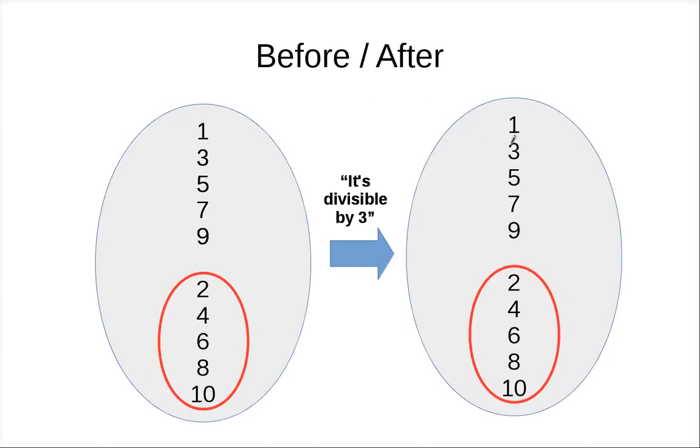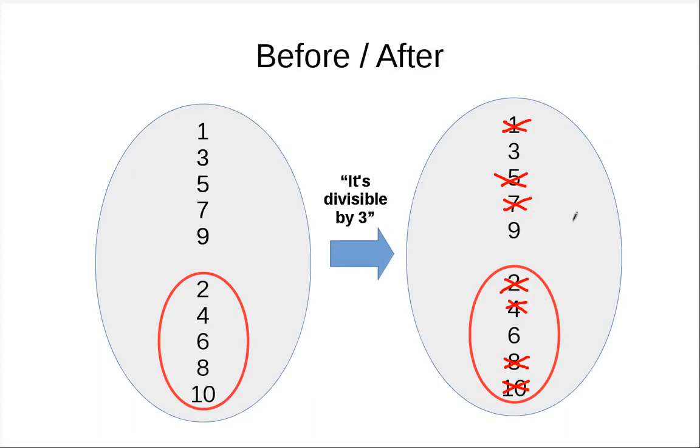You suddenly know that it's not possible for me to get 1. This is not possible, this is not possible, not possible for that, that too, and that. But what's left is these 3 outcomes, and they are all equally likely. So we would end up with any of these with the same probability.